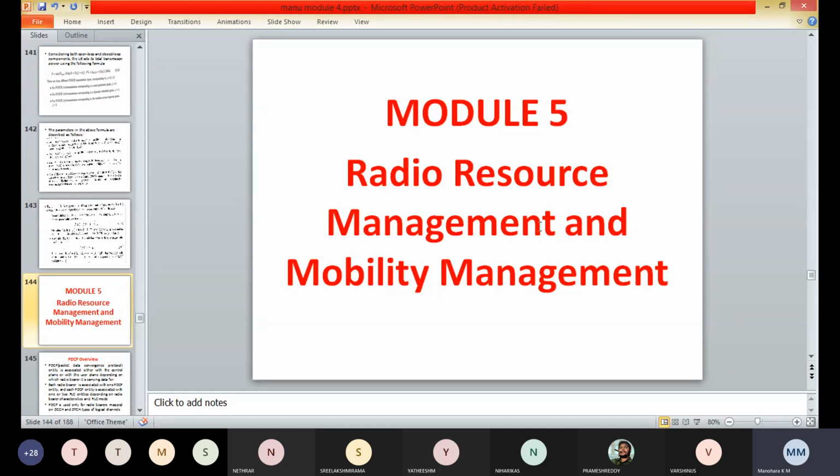In this module we are going to study the PDCP overview, MAC and RLC overview, and RRC overview, and mobility management. In mobility management we will discuss two types, that is S1 mobility and X2 mobility, and at last we will discuss inter-cell interference coordination.